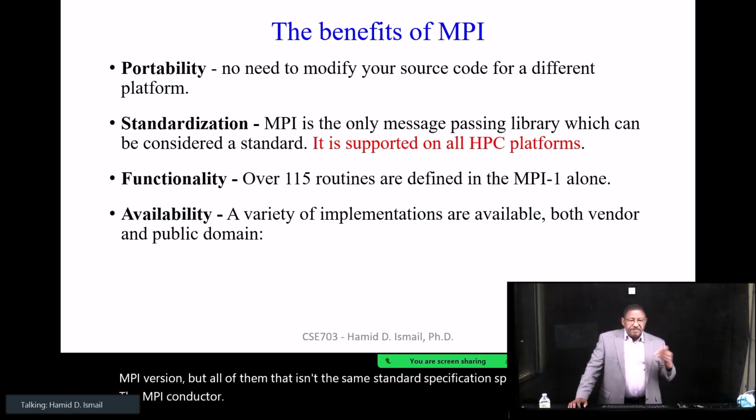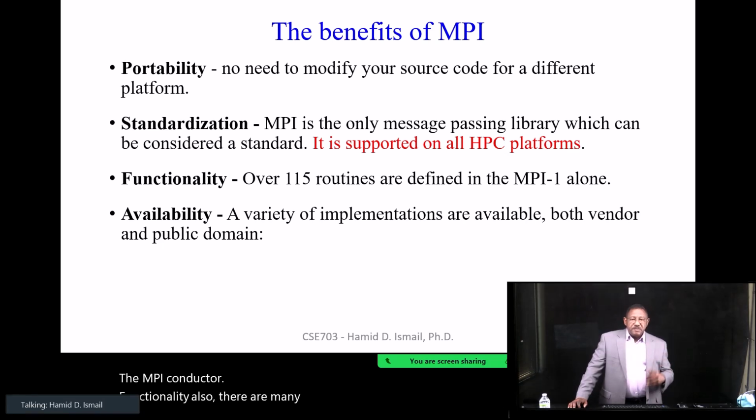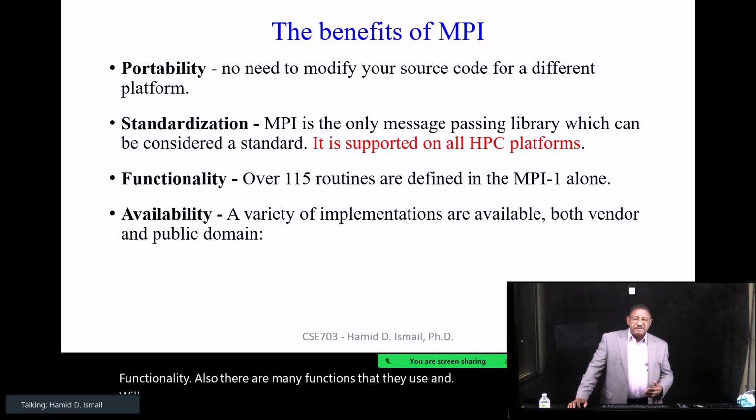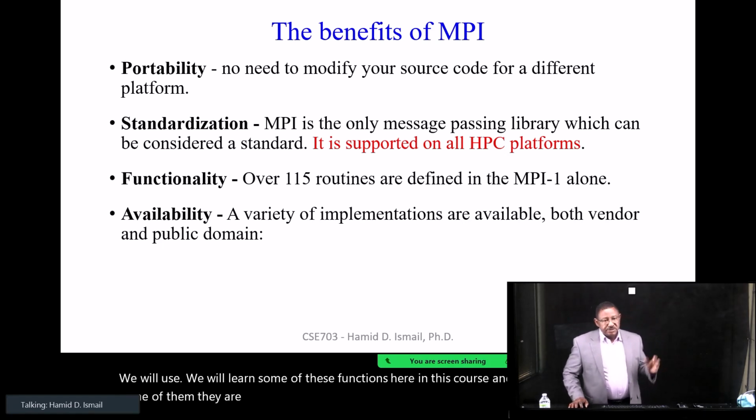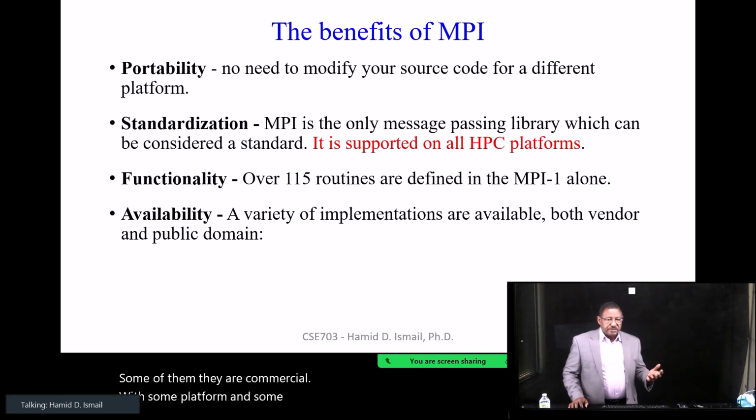Functionality also: there are many functions, and you will learn some of these functions in this course. And availability: some of them are commercial with some platforms, and some of them are open source. You can download them and install them freely.